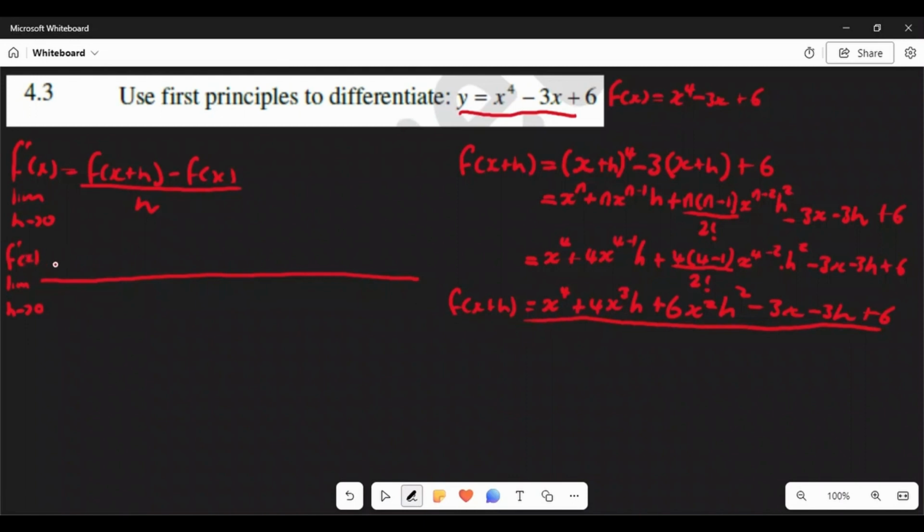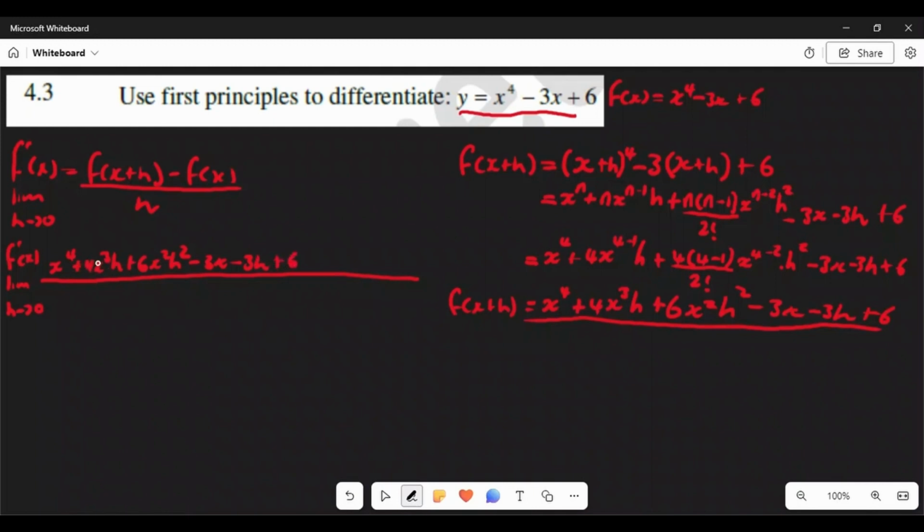So let's do it. So it's gonna be x to the power of 4, right, plus 4x cubed multiplied by h plus 6x squared h squared, right, minus 3x minus 3h plus 6, right?